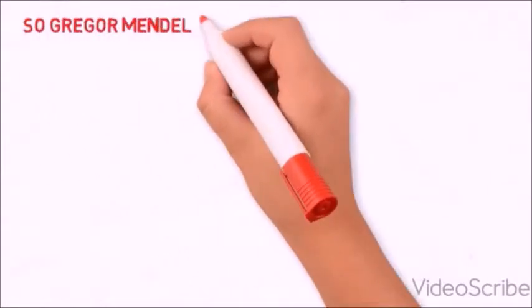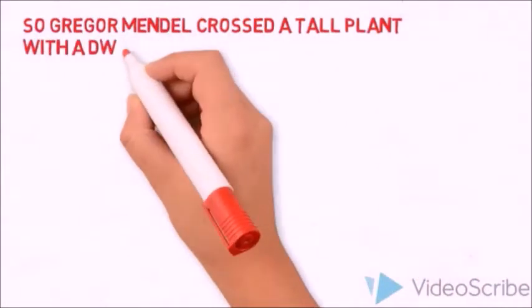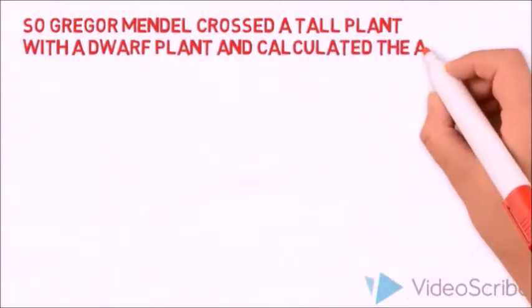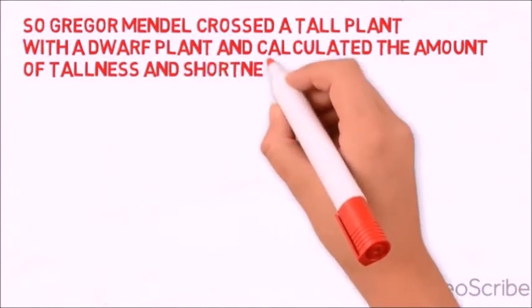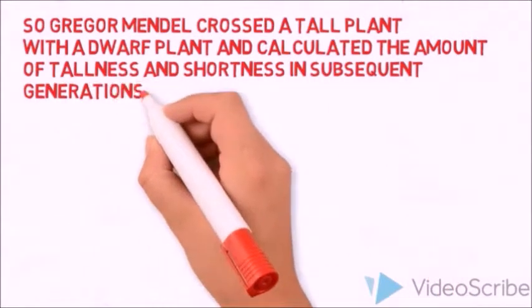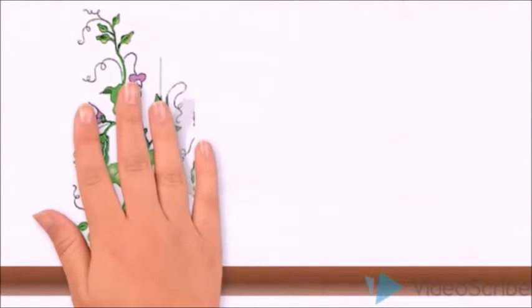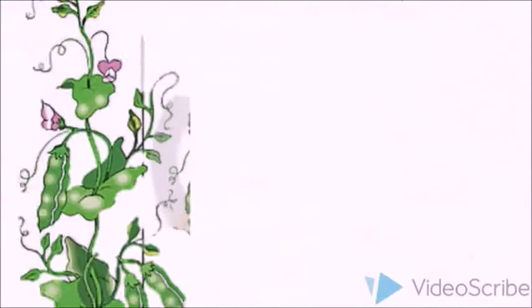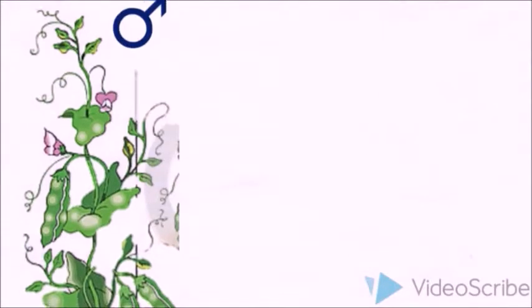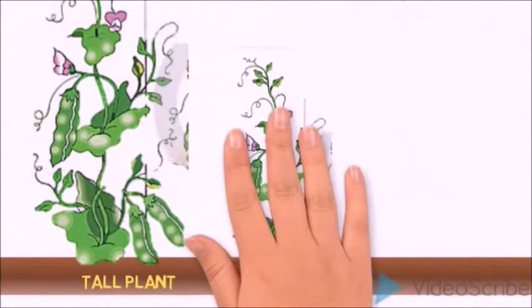So, Gregor Mendel crossed a tall plant with a dwarf plant and calculated the amount of tallness and shortness in subsequent generations. Tall plant, dwarf plant.